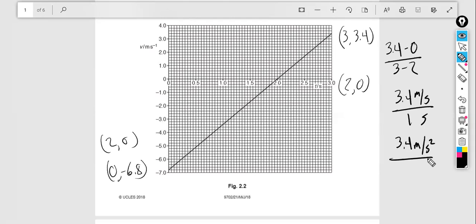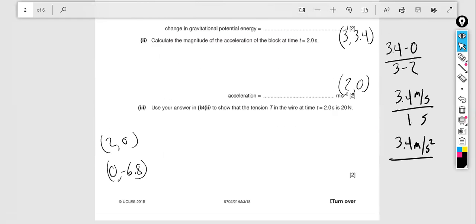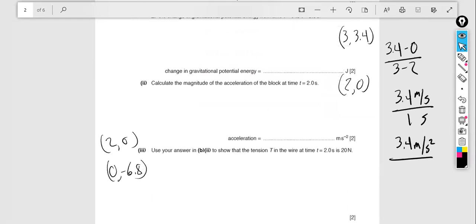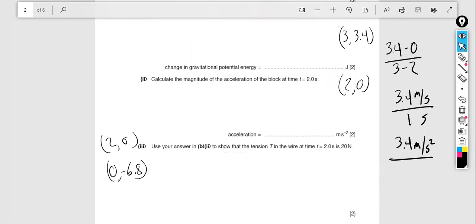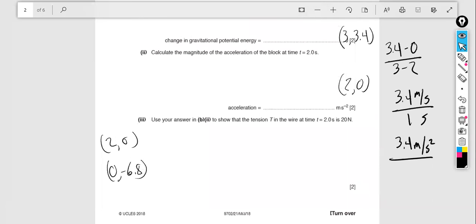But you should get this constant acceleration of 3.4 meters per second squared. This isn't so bad right here, right? You have 1 in the denominator. So that's the working, pick some points, do a slope.